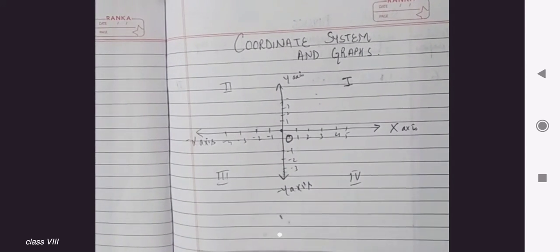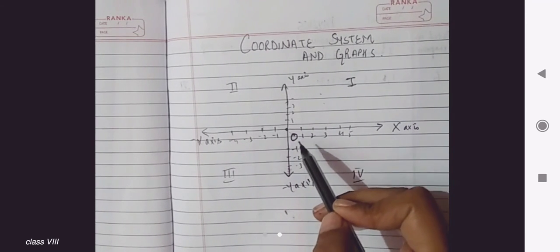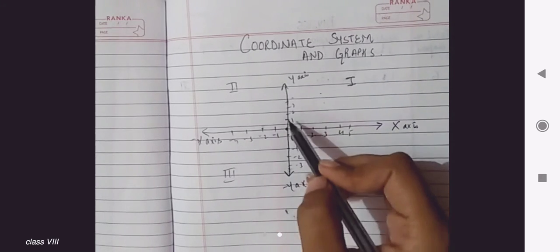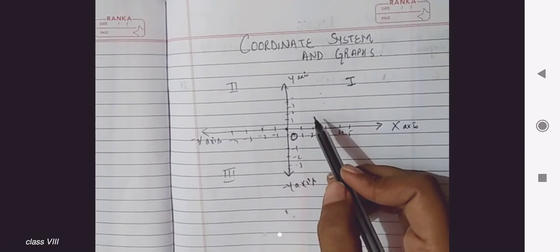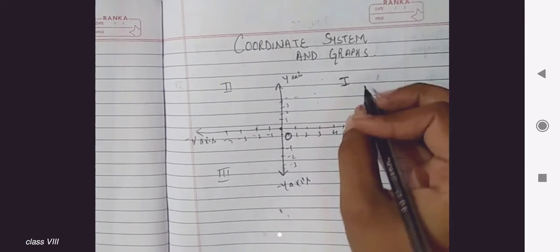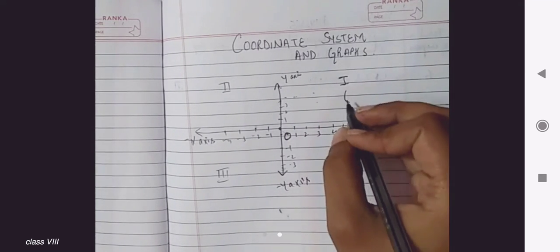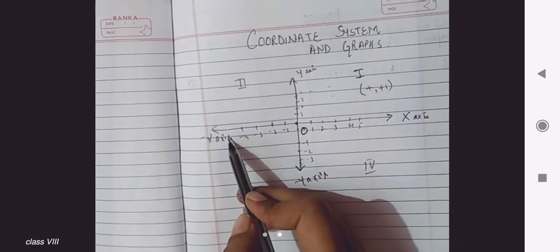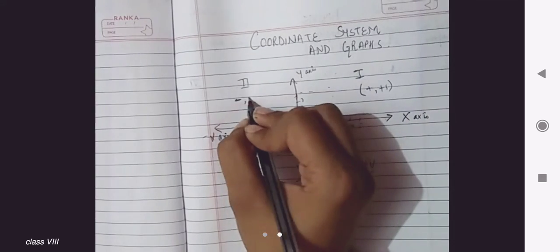Now I was telling you about the signs. Here all our numbers are positive, and here also all numbers are positive. If any number lies in the first quadrant, its sign will be plus and plus. Now here the x-axis is negative and the y-axis is positive, so negative comma positive.